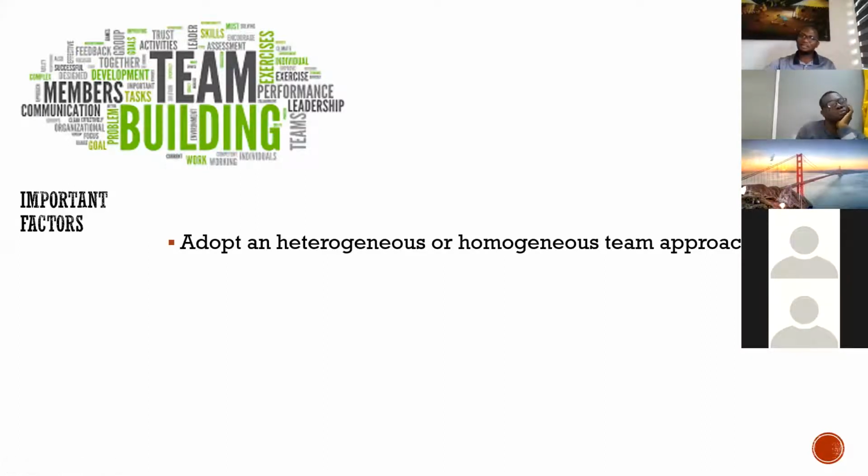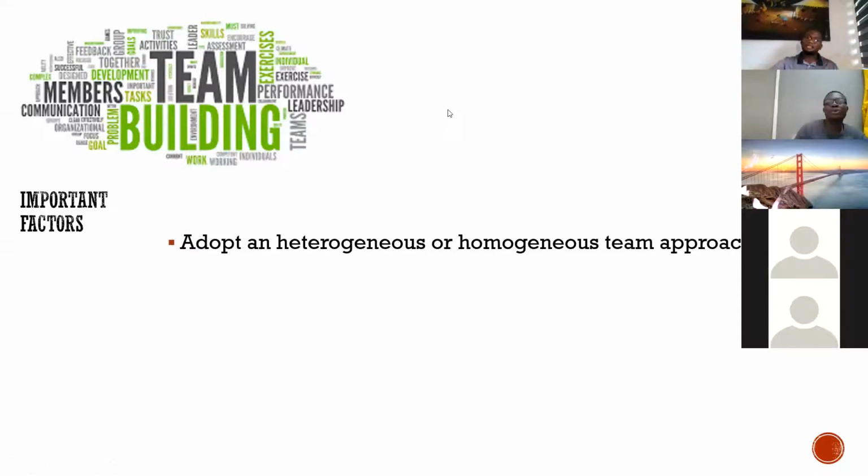We have two types of team building approach. We have the heterogeneous and the homogeneous. As the names imply, the heterogeneous has to do with putting together different things. Hetero means different things, different layers, different components, different people. So variety, while homo means one.